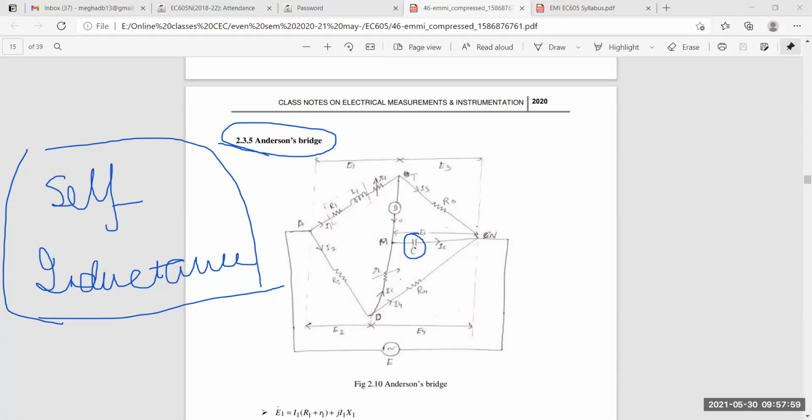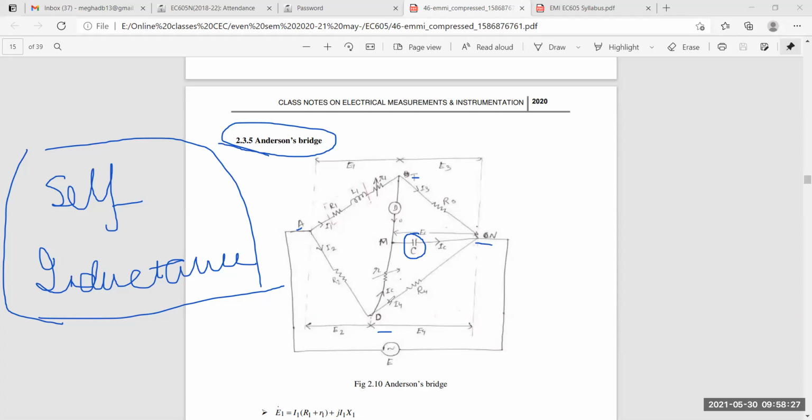That means if this is arm A, this is arm B, this is arm C, this is arm D, here the capacitance is connected. So the diagram is a bit different from Hayes and Maxwell, but you can see it is the advanced form of the Maxwell inductance-capacitance bridge. Now we can slowly move to the construction part of Anderson.